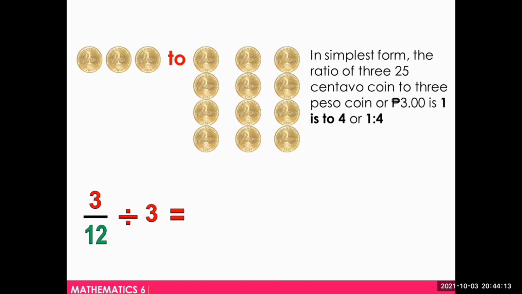Example, 3 na 25 cents, 12 na 25 cents. Kukunin lang natin ang kanilang greatest common factor, which is 3. 3 divided by 3 is 1. 12 divided by 3 is 4.